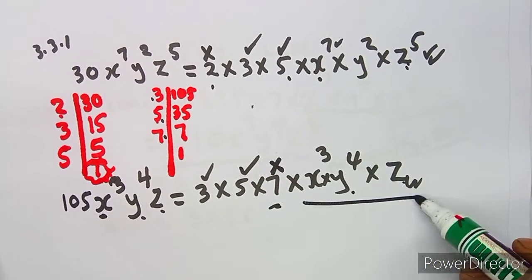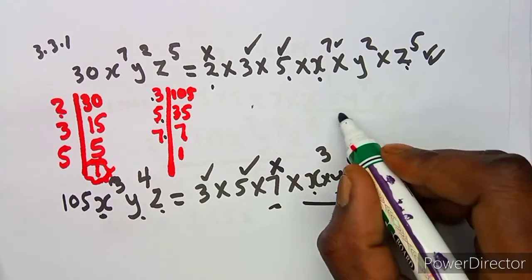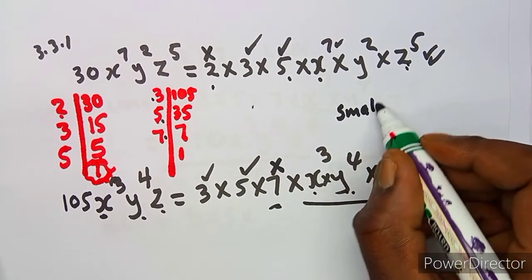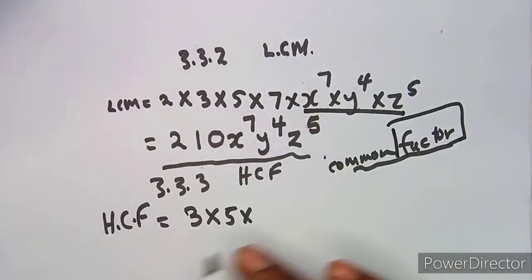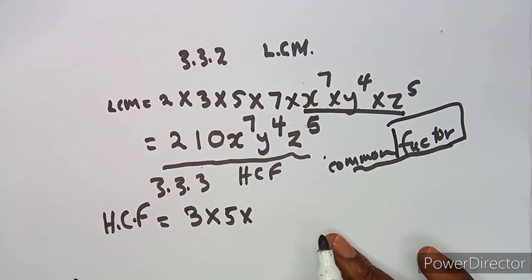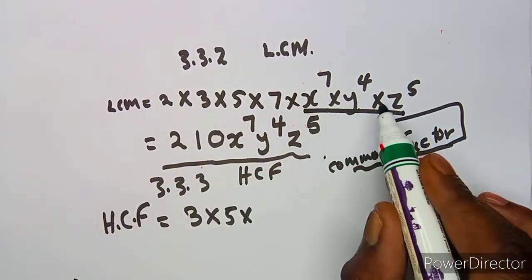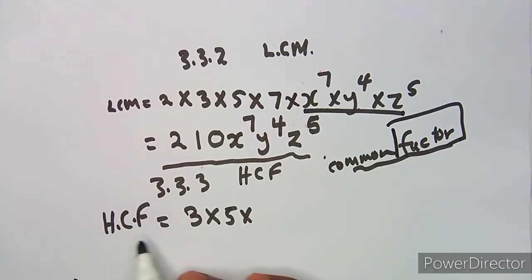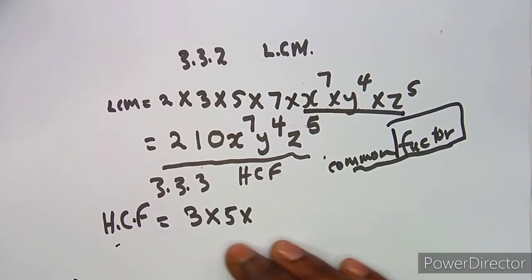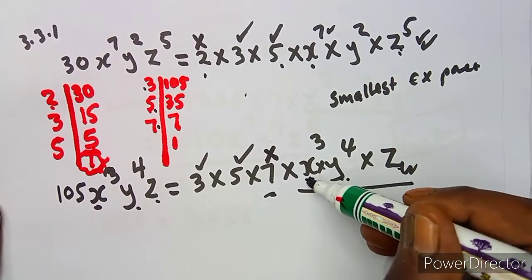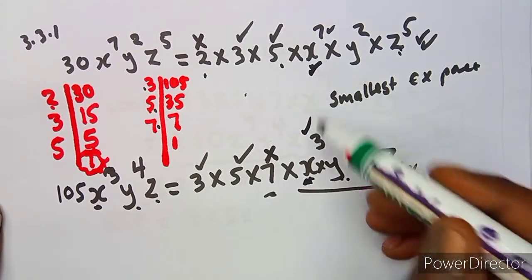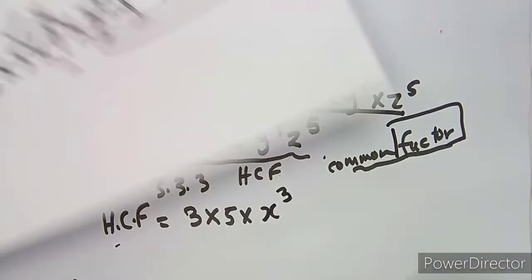We move on to these terms with exponents. This time you take the one with the smallest exponent. HCF is the highest common factor, but it uses the lowest exponent, and it must be common, whereas LCM uses the highest exponent. So we take x, which is common here, but with the smallest exponent, x to the exponent of 3.